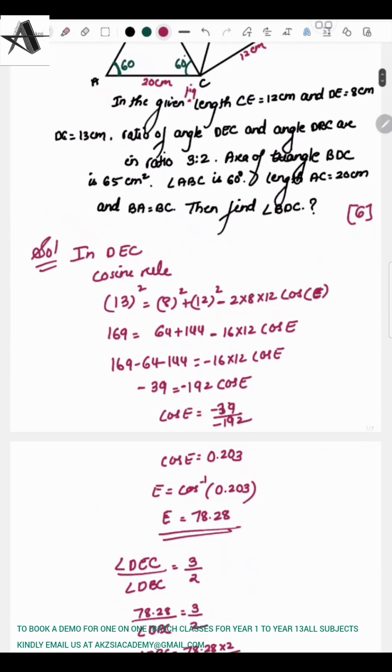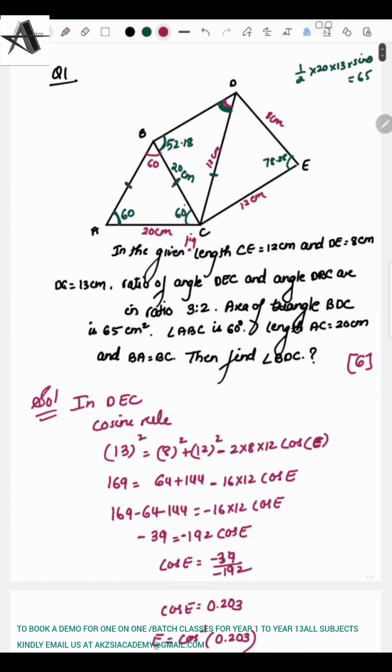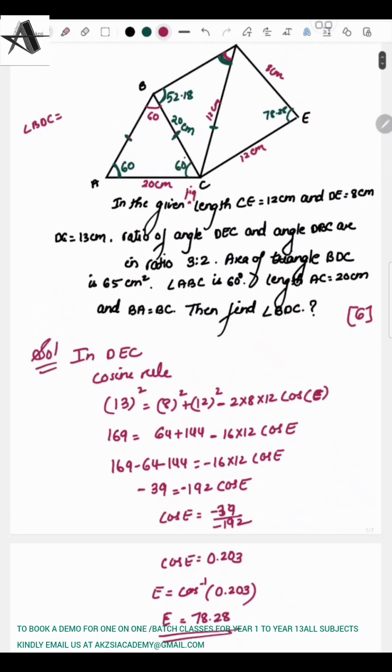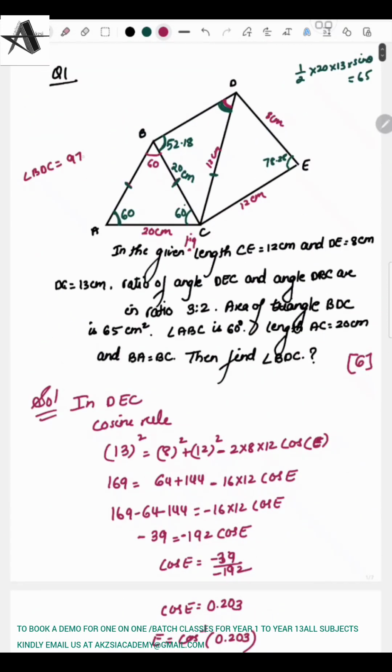So what's the value of angle BDC? Angle BDC is finally 97.82, you can see it's an obtuse angle. So that's the final answer.